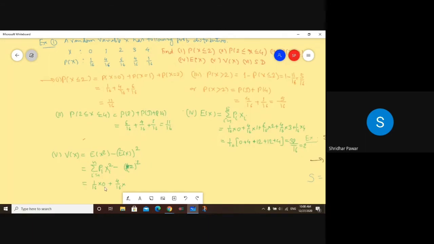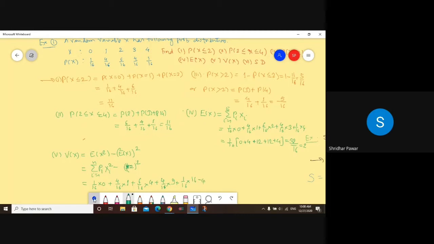So 4 by 16 into 1 square. 1 square is 1. Okay. Plus 6 by 16 into 2 square, that is 4, plus 4 by 16 into 3 square, that is 9, plus 1 by 16 into 4 square, that is 16. Now, and this minus 4, right?